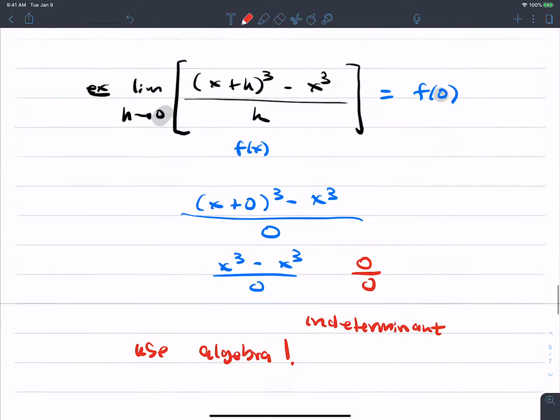So ladies and gentlemen, we get f of 0, indeterminate, we're using algebra. And 0 over 0 indeterminate form. Okay, let's use some algebra. So you say, well, what do I use algebra on? Well, let's write down that function. x plus h to the third power minus x cubed over h.